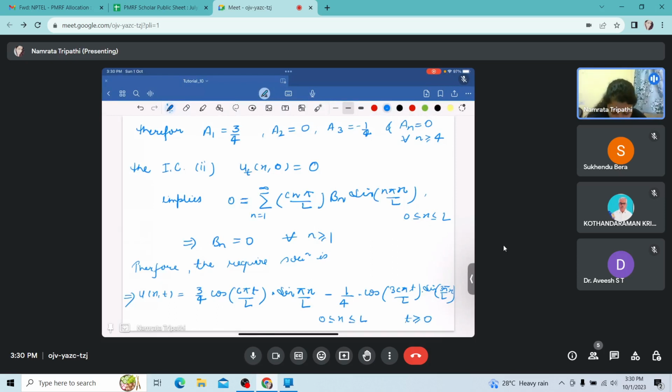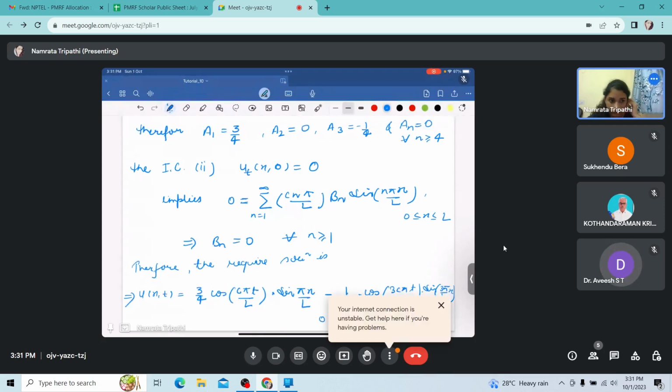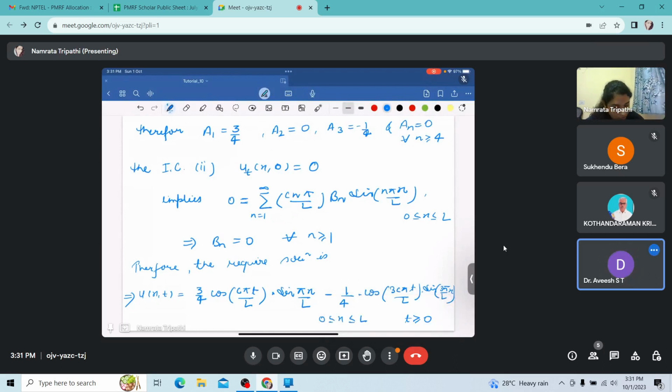Now tell me if there is any doubt in question number 1. You can ask. Instead of separation of variables, can we have any alternate method to solve this type of equation?